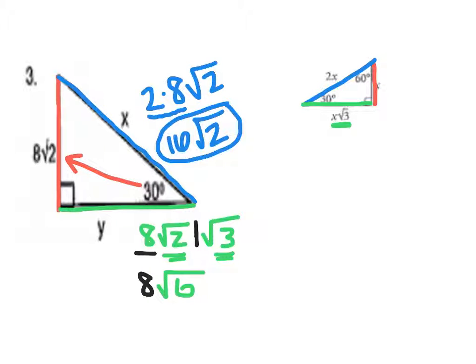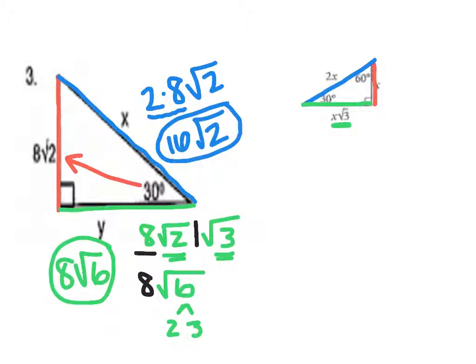Then you can try to factor tree 6, but 6 breaks down into 2 and 3, so nothing gets circled. So the long side here would be 8 square root 6. The answers look ridiculous, but it's not hard to find just using the formula. All the information is given to you in the picture.